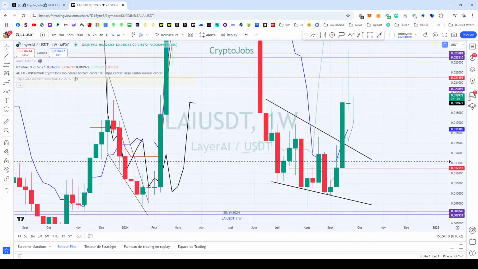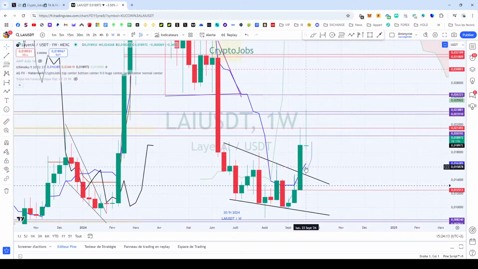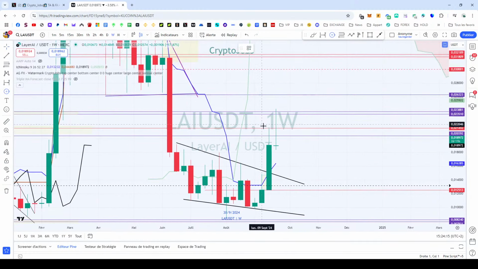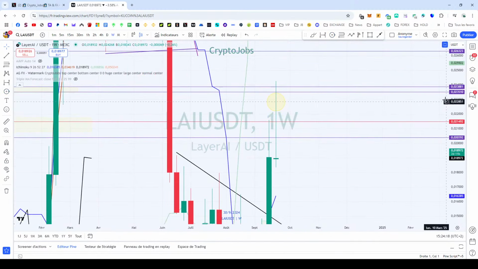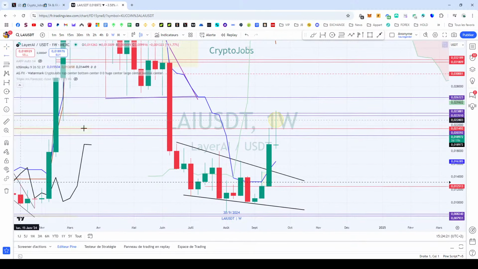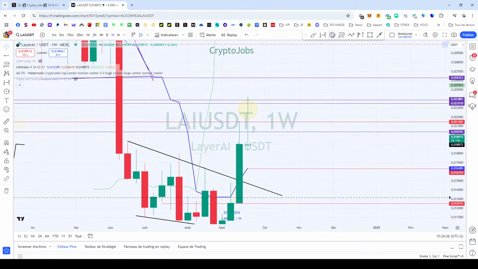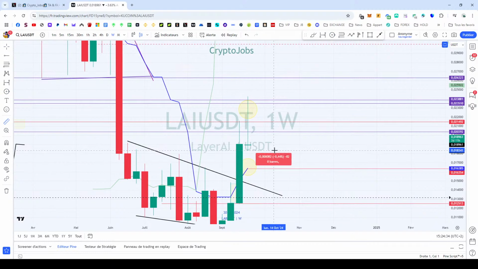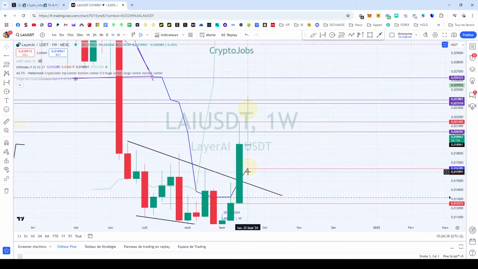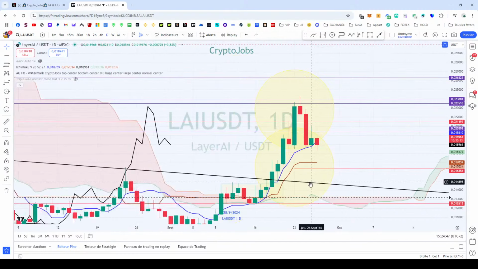LAI is a very good token. Currently, I don't like the rejection on the current candle, as you can see on the weekly. I think I already saw in my trading experience, sometimes when you have a lot of reversal, a lot of bearish pressure, sometimes to trap people and to get liquidity lower, we are facing, I don't know how to say in English, a retest of the Tenkan line, which supports the price, especially on the weekly.